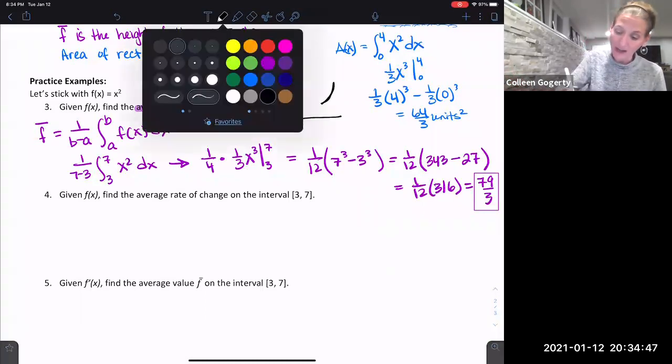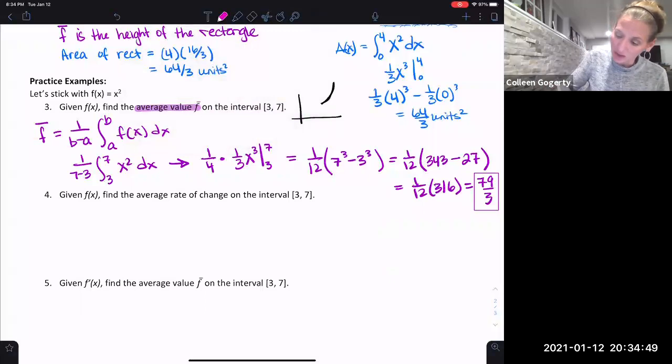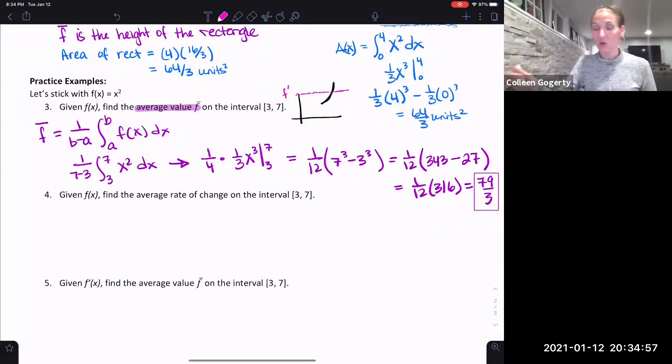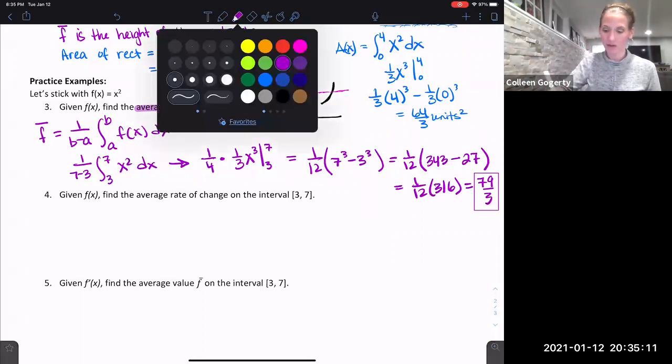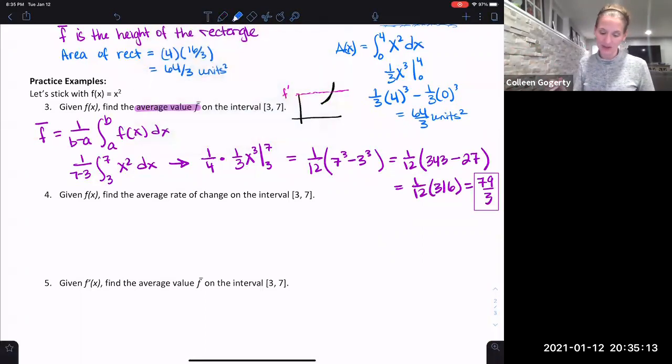So somewhere around 26, there's your average value. That average value means if we take every single one of these outputs, add them up, and divide by pretty much infinity, you're going to get 79/3.